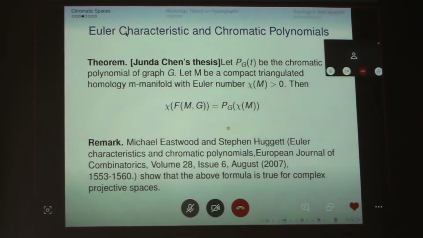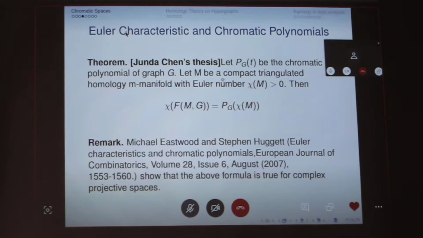Okay. So as we say, there's the chromatic polynomial of the graph G. This really just comes from this graph scheme. And then there's the interesting polynomial side. Okay, so now we put in the value. M is a compact triangulated homological manifold, right?